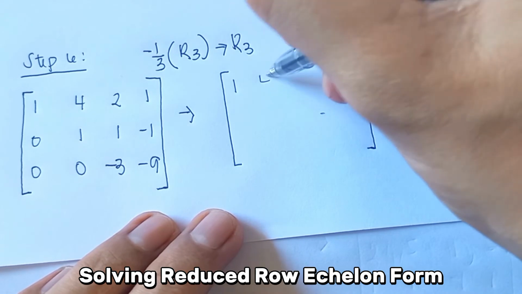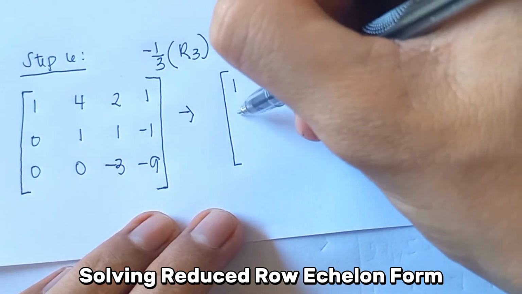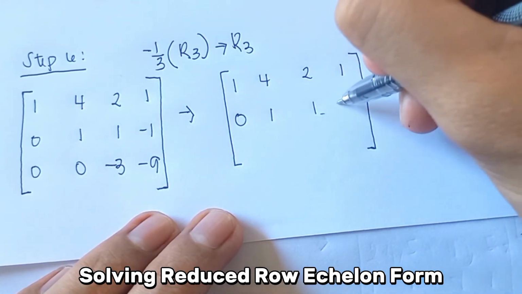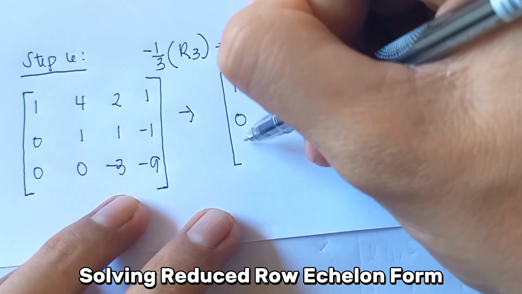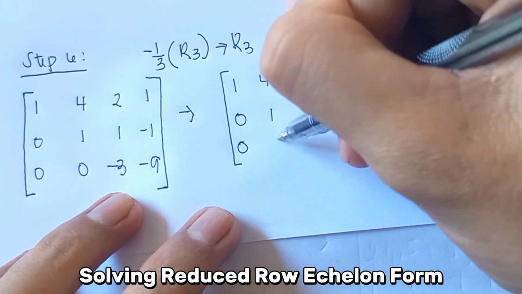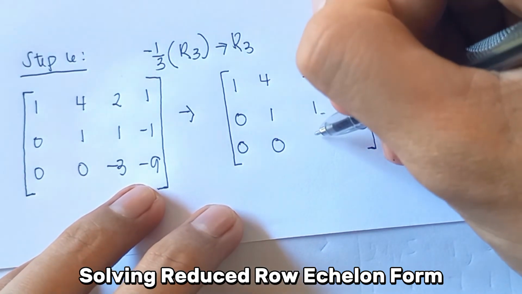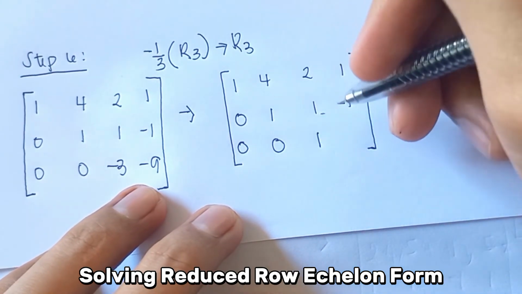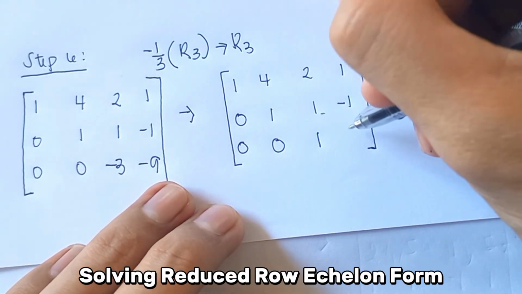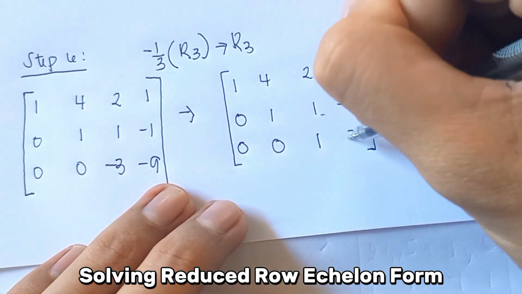We have 1, 4, 2, 1, 0, 1, 1, negative 1. So it becomes 0, 0, and this will become positive 1. This will become positive 3.